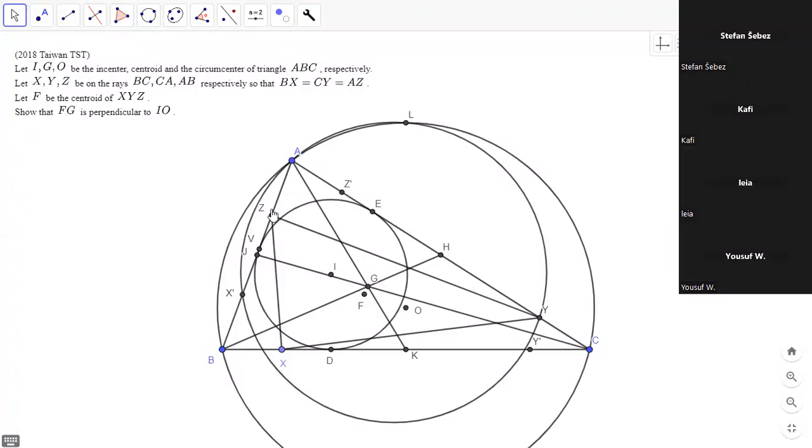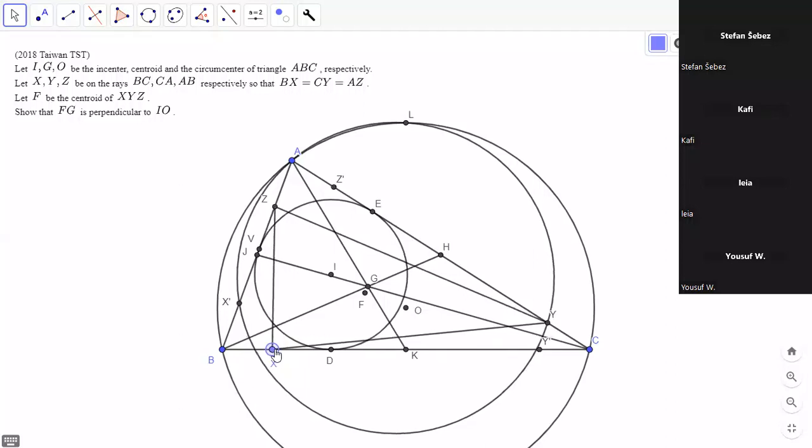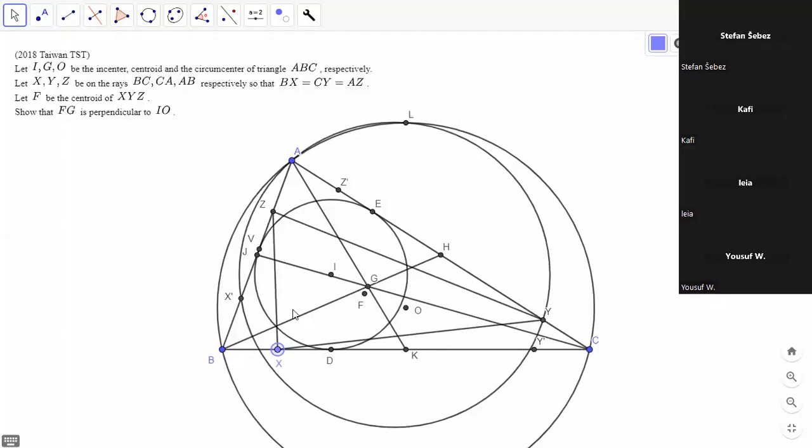Okay. So I was thinking if we were using vectors, that would be the vector BX plus the vector CY plus the vector AZ, right? And when you sum those vectors, they always have the same direction. Exactly. Why is that so? Well, because if you pick one choice of X, they'll have a certain direction.